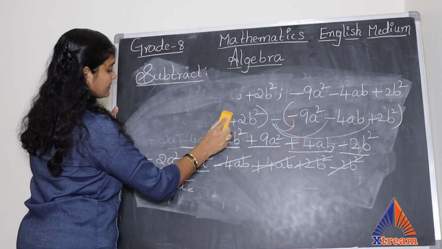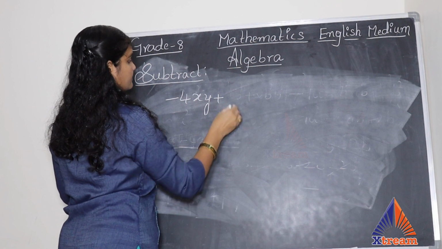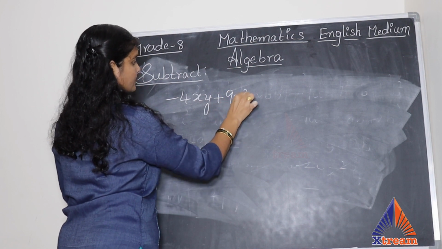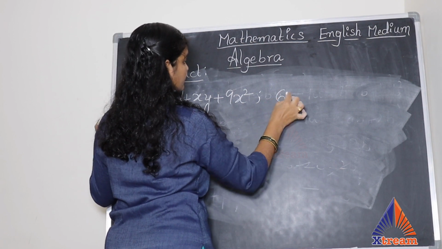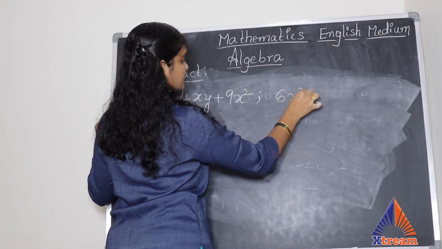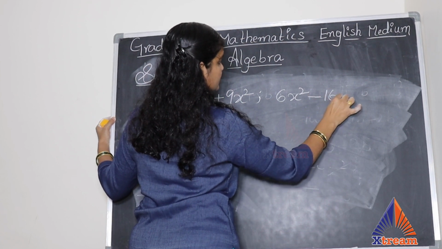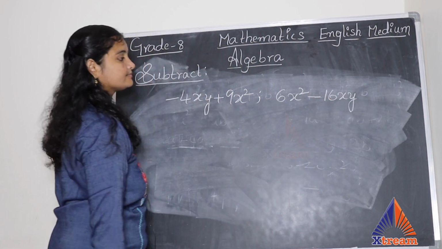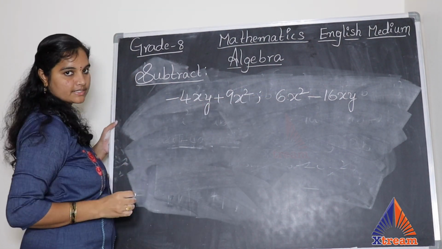We'll take one more example for subtraction. Minus 4xy plus 9x square. Minus 6x square minus 16xy. Now we have to subtract this expression from this.